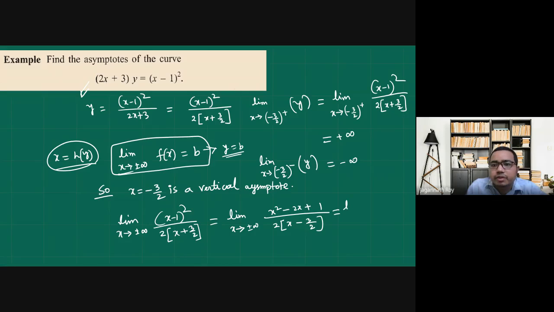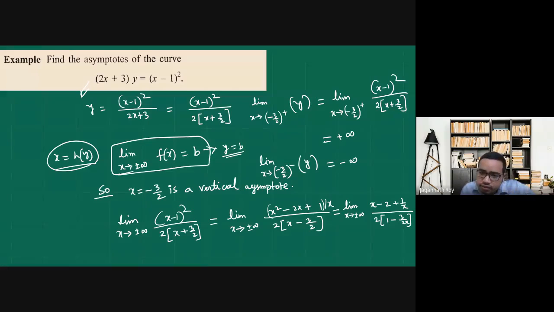So from here, if you divide by x, you will get x minus 2 plus 1 by x, and 3 by 2x.